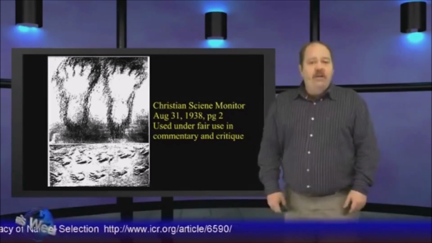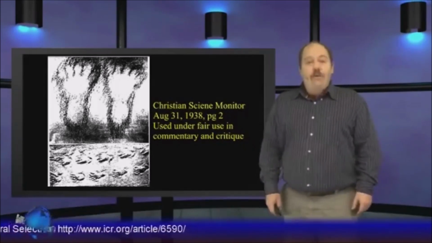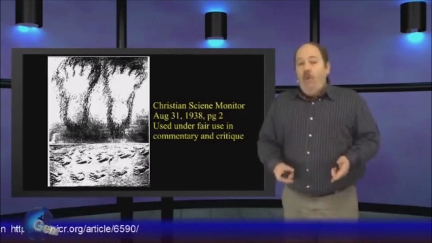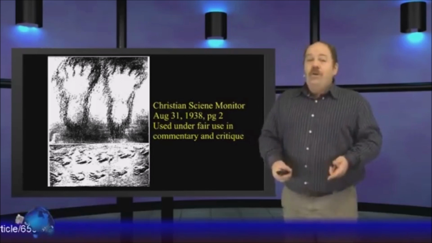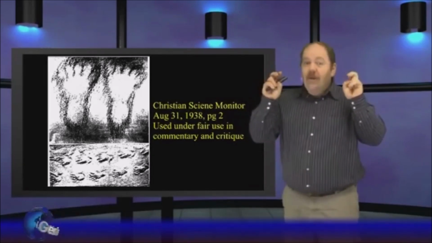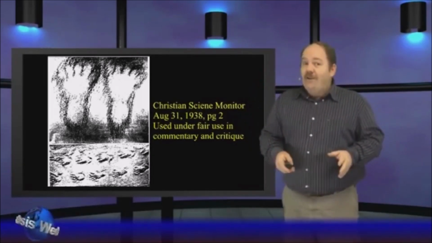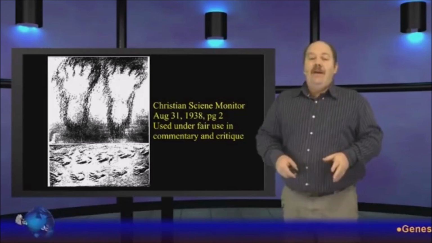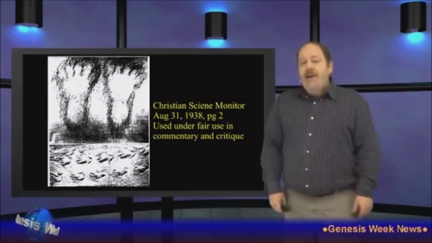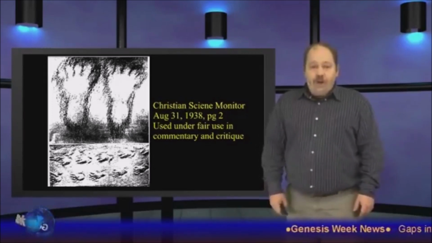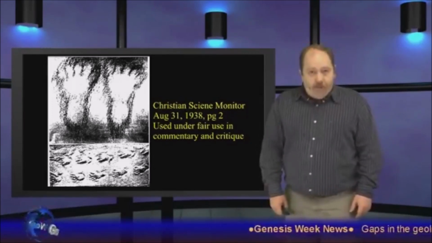Burroughs himself noted in his personal correspondence that the Monitor even went to the trouble of displaying only 10 tracks in the amphibian ichnofossil slab, which just happened to match the number of prints found at the Berea site. Now, it's being gracious to chalk all of this up to bad journalism. A more accurate description would probably be fraudulent, deliberately misleading reporting.